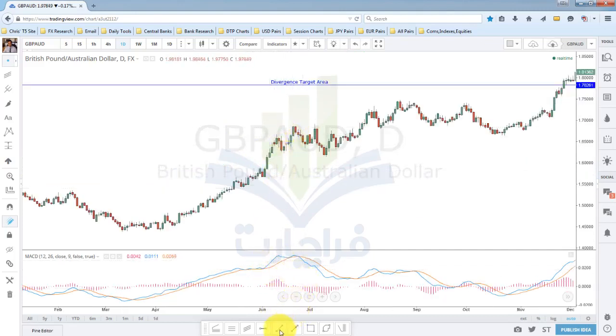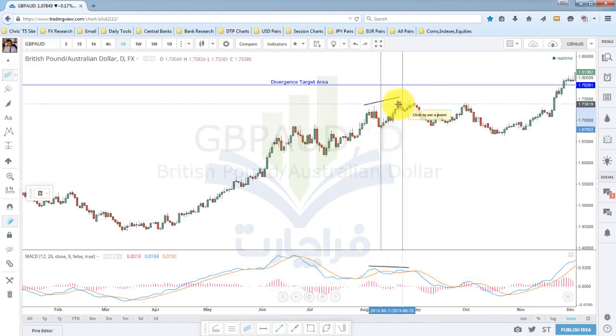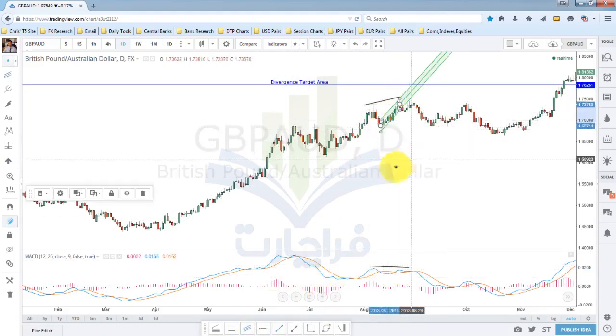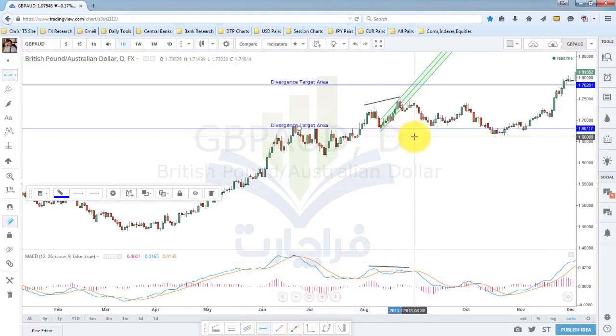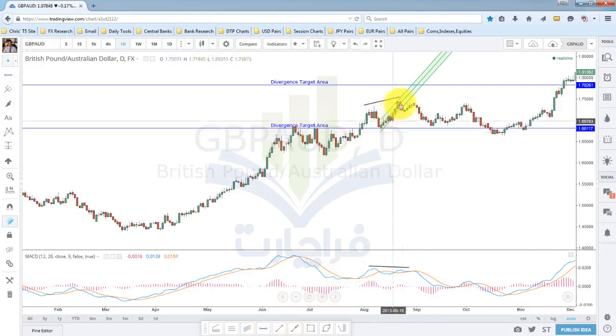So here you go again, another divergence right here, price moving higher, MACD cycling lower, regression trend channel on this particular cycle, divergence target area. You see the market move very close here.